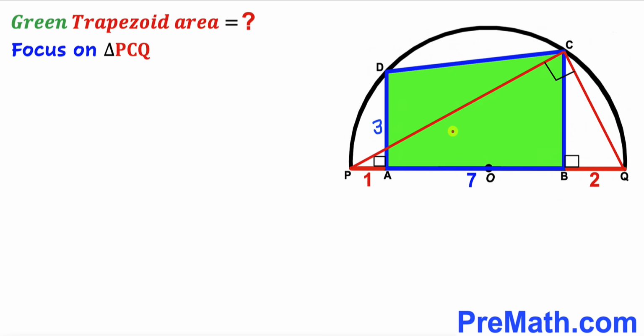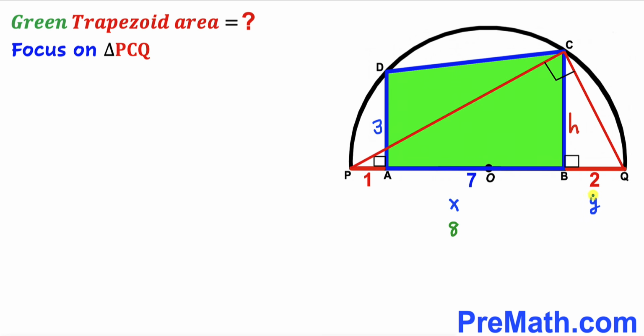Now in this triangle PCQ, I'm going to label this perpendicular BC length as lowercase h. This whole PB segment length I'm going to label as x, and this tiny segment BQ length as y. Then our x value is going to be 1 plus 7, which makes 8 units.